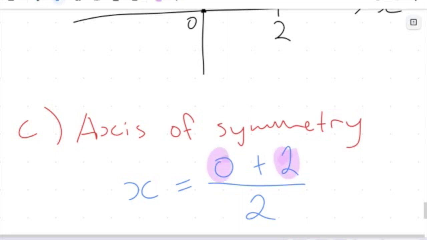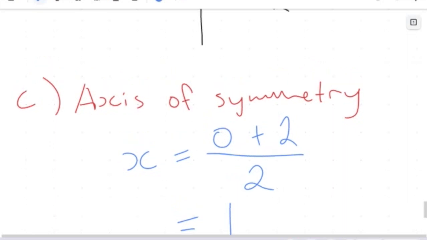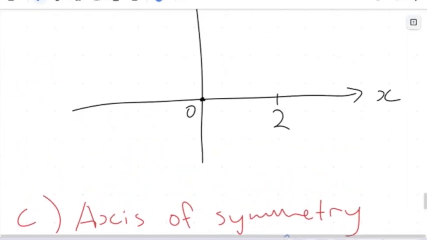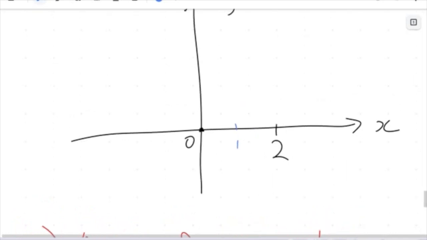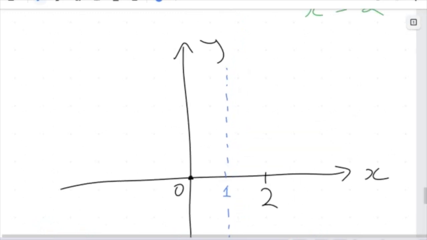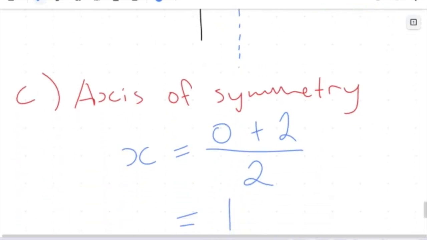So here I have 2 values, so I'm going to divide by 2. So this gives me 2 divided by 2, which gives me 1 as an answer. Okay, so that means my axis of symmetry is going to be here. All right. So I have my axis of symmetry.